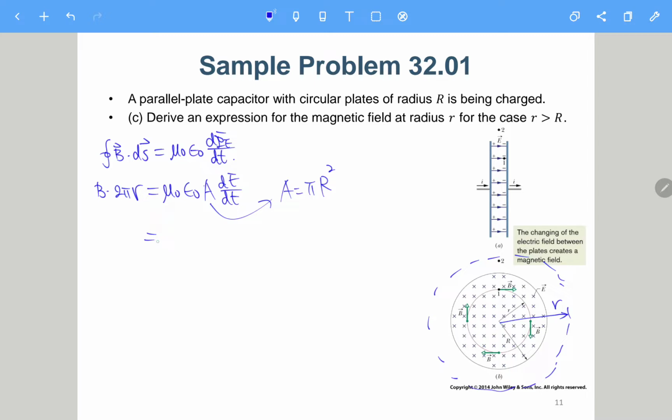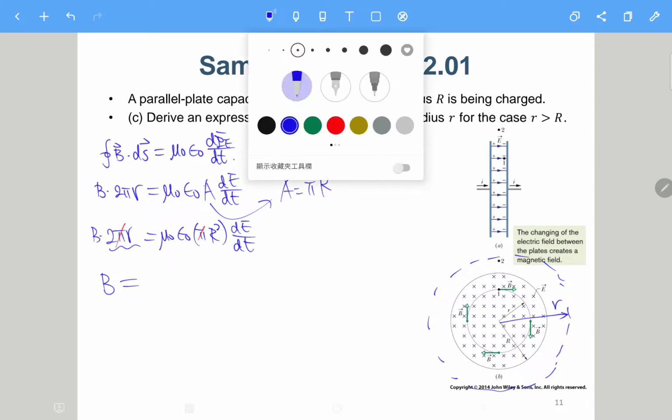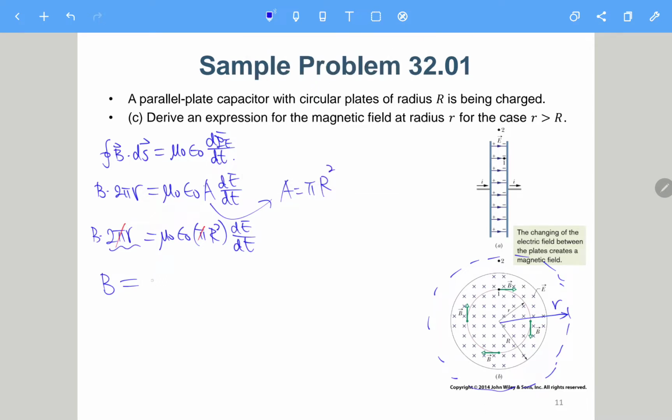So here we have mu naught epsilon naught pi capital R squared dE/dt, and on the left B times 2 pi small r. Okay, so also we move over this term, and we can still cancel the pi. So here we have B equals mu naught epsilon naught capital R squared over 2 times small r, times dE/dt. Something like this.